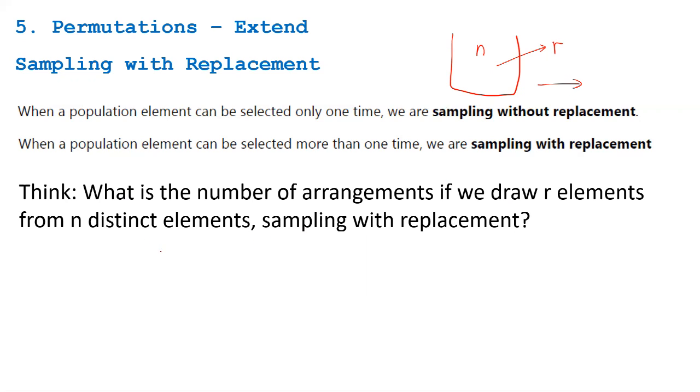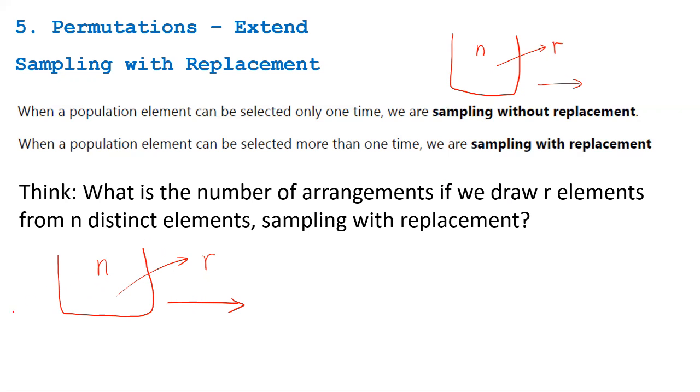Okay, so in sampling with replacement, that means if we have a container that contains n different elements, and also we need to pick our elements out. For each pick, when we pick the element out, we put it back for the second draw.